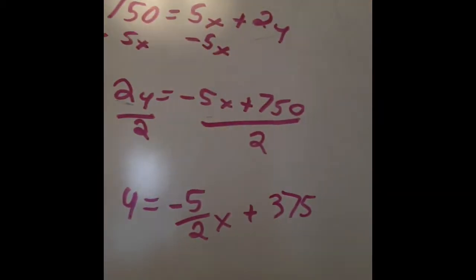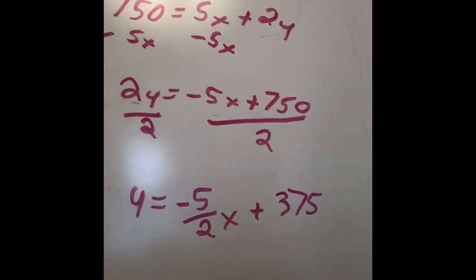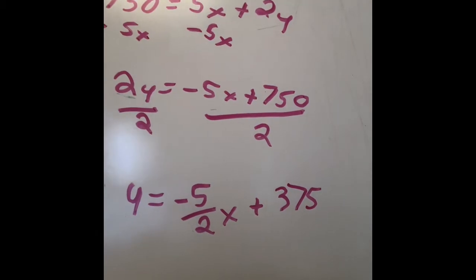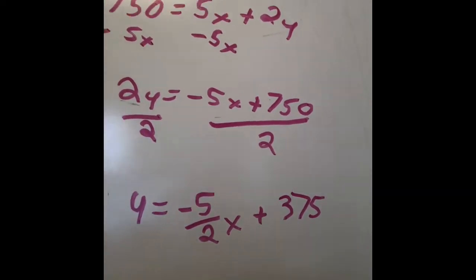So there is my equation. I've solved for the number of children's tickets in terms of the number of adult tickets.